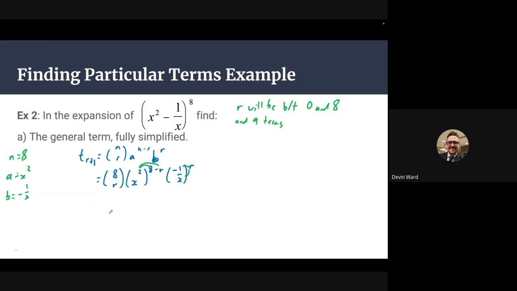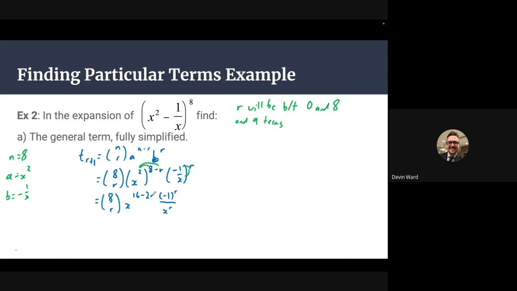And you'll see why in just a minute. So I still have 8 choosing r is equal to x to the power of 16 minus 2r times negative 1 to the power of r all over x to the power of r.